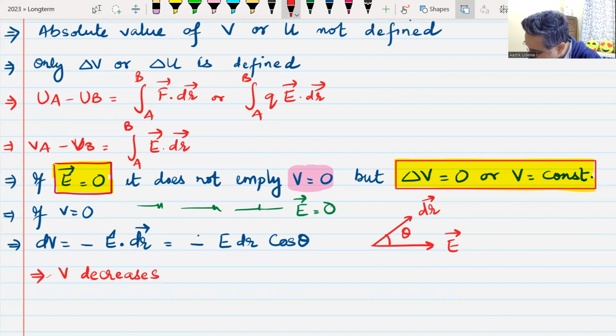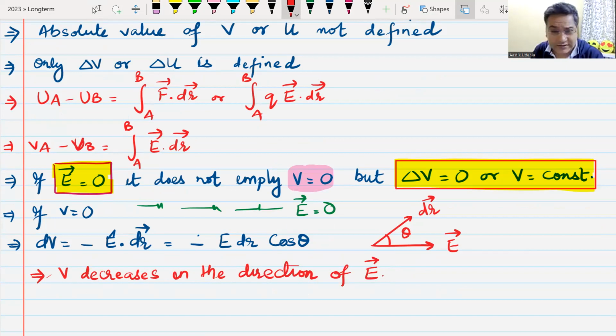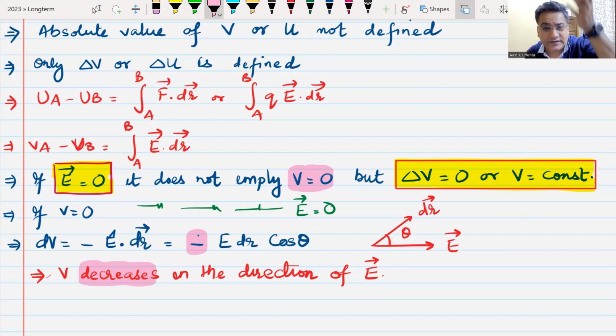It implies that potential decreases in the direction of electric field. We have mentioned this before also. Now we are writing it again. Potential will decrease in the direction of electric field. This minus sign: decreases in the direction of field. In the direction opposite to the field, potential will always increase.